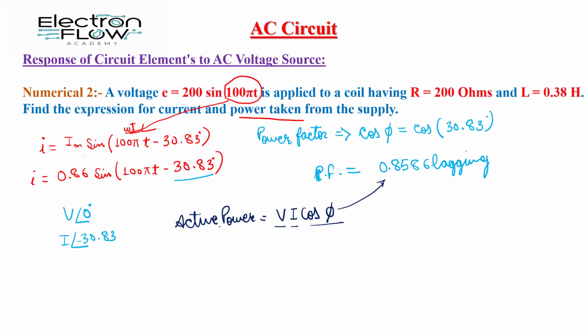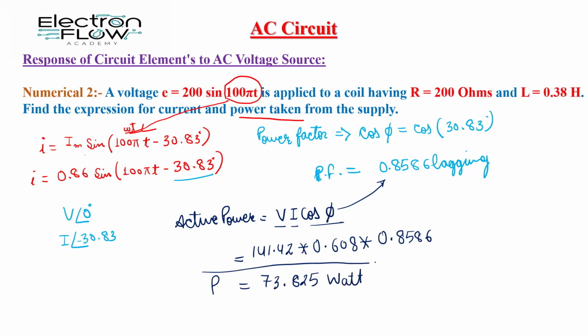By putting those values, we get 141.42 multiplied by 0.608 multiplied by 0.8586. So the active power P is 73.825 watt. This is our second answer asked in the question, the power taken from the supply.